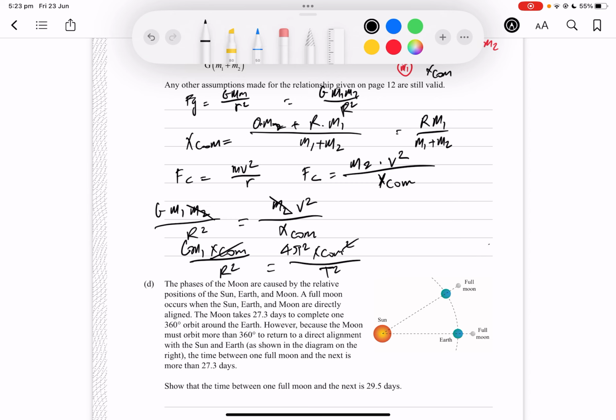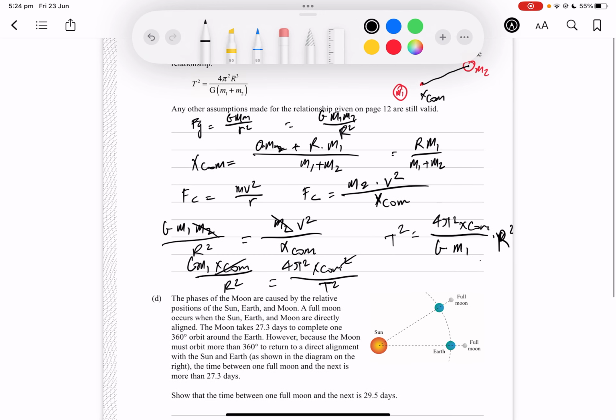So if we rearrange this equation, we have T squared equals 4 pi squared X_COM divided by G times m1, and then multiplied by r squared. Then we want to substitute X_COM back for the expression we derived here, R m1 over m1 plus m2.